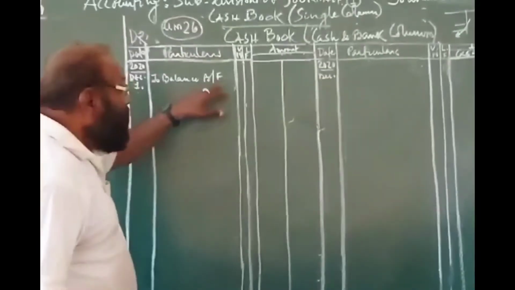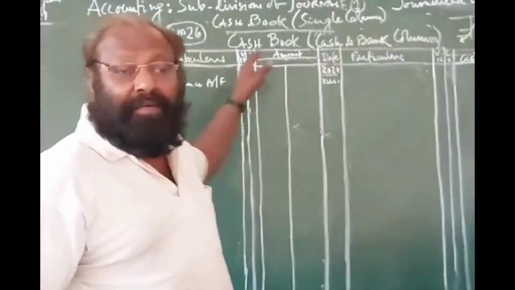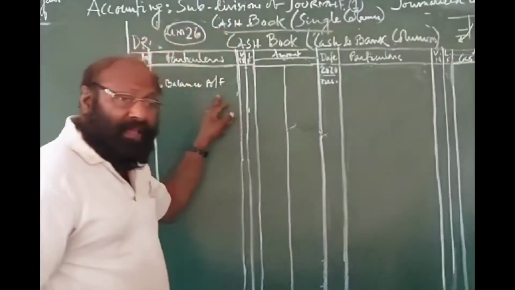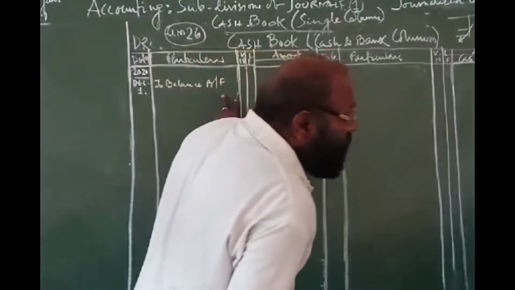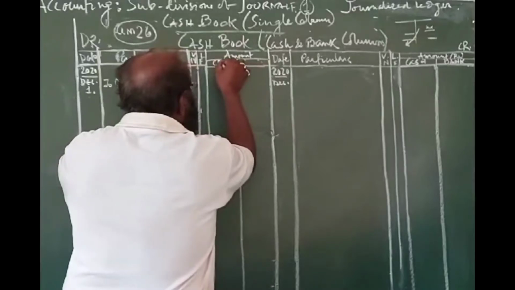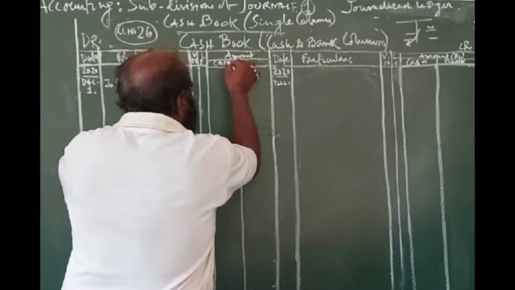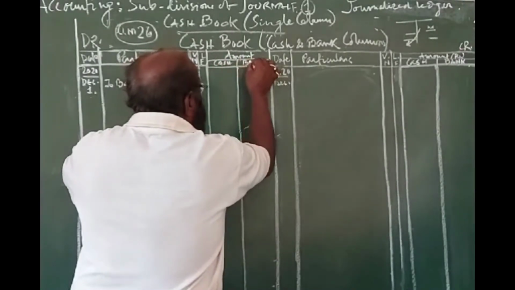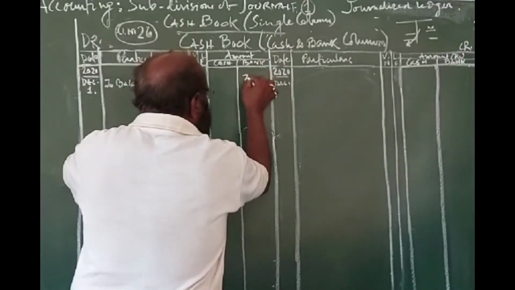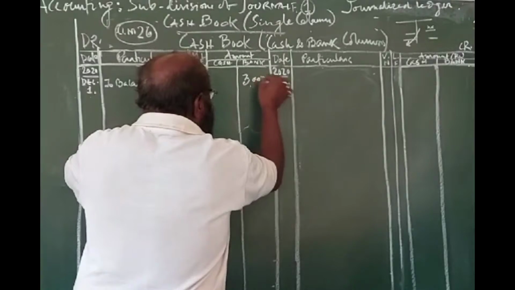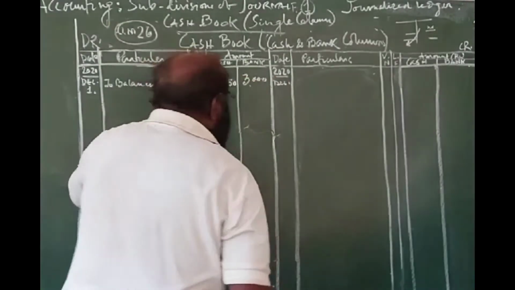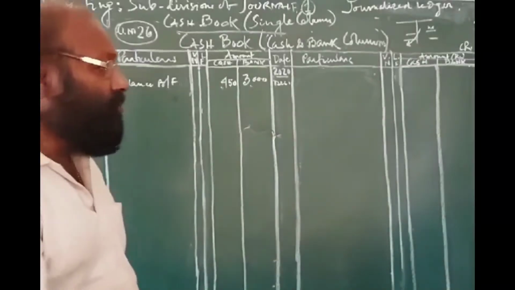But here we are starting the problem solution, so we should write brought forward. So it is 450 in the cash column, and in the bank column it is 3,000. Clear? I think there should not be any problem.